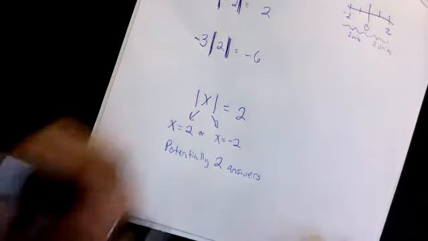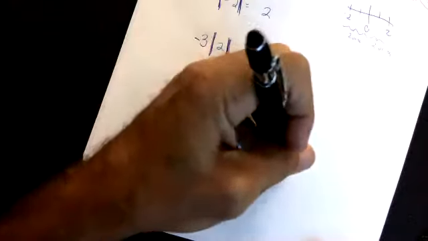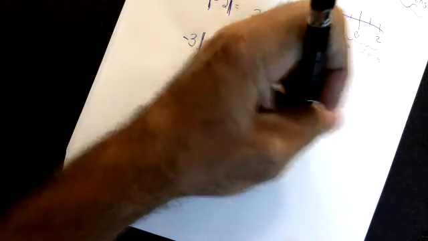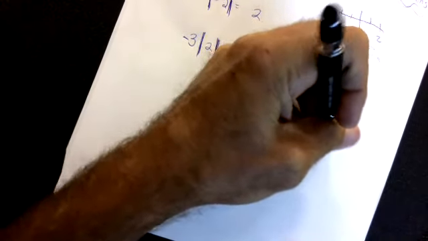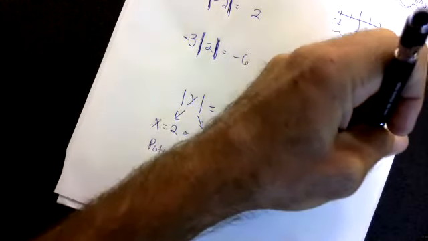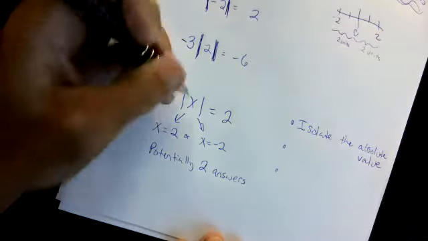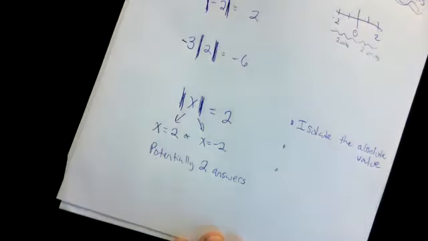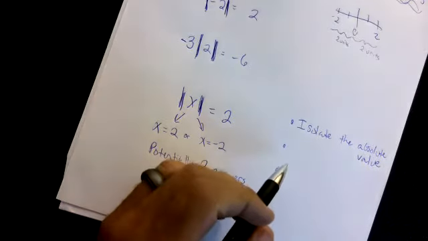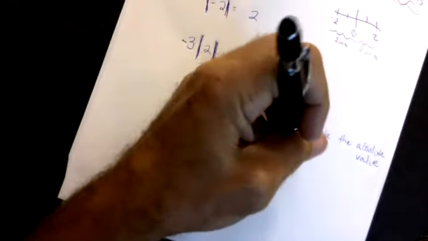Now, to get those answers, these are kind of the steps we're going to follow. But the first thing we have to do is isolate the absolute value. So that means getting these vertical bars by themselves. Anything that's going on outside, we've got to get rid of it. Once we have that absolute value by itself, this is where we're going to split it up.